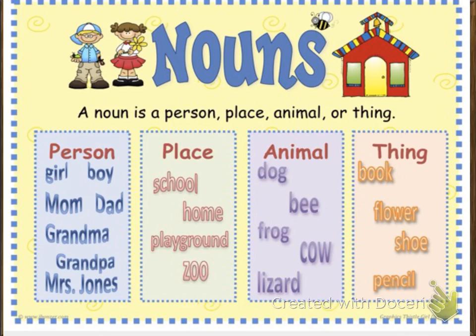A girl, a boy, mom, dad, grandma, grandpa, Mrs. Jones, Mrs. Boynton, Mrs. Hendricks. Those are all nouns. Places, school, home, playground, zoo. Those are all nouns. They are places you can go. Animals, dog, bee, frog, cow, lizard. All nouns. Things, book, flower, shoe, or pencil.